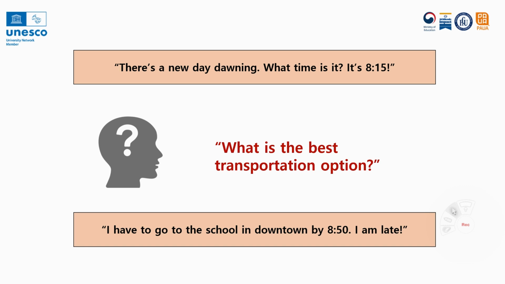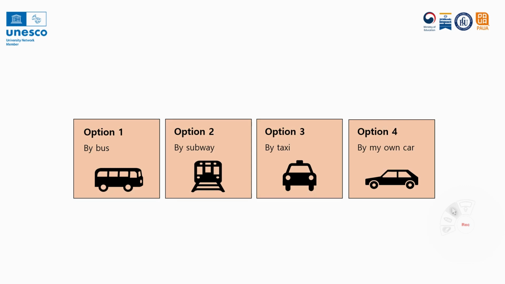And then the next step, what we think is what is the best transportation option to go to school in downtown by 8:50. Okay? There might be a lot of options.